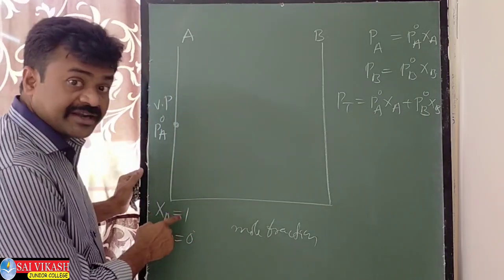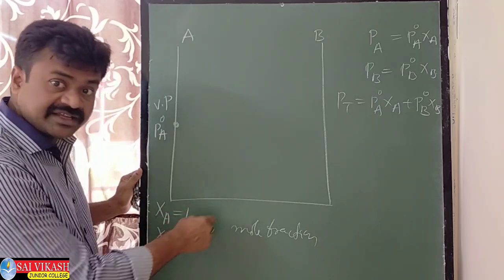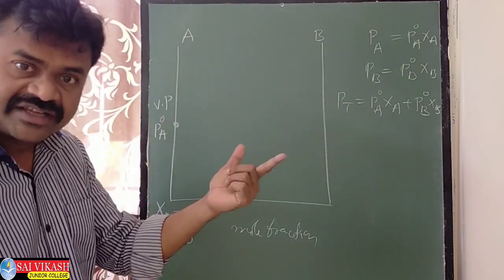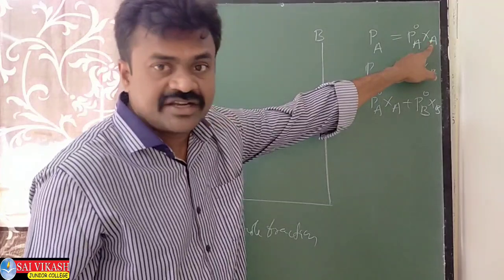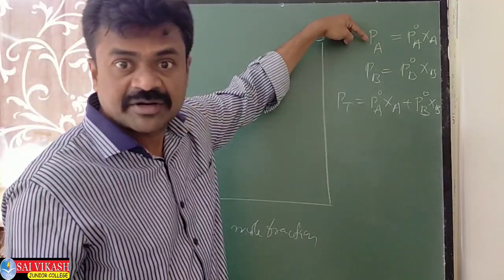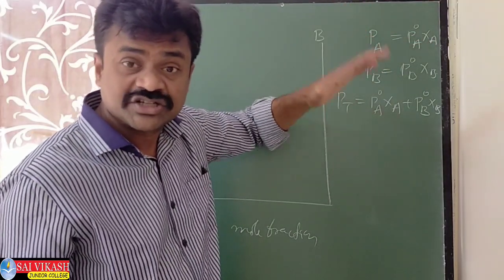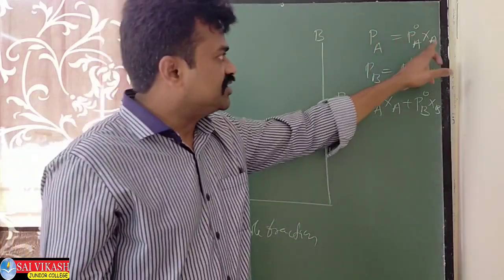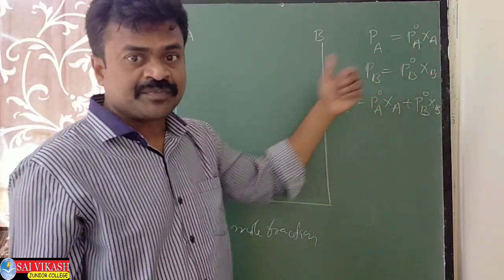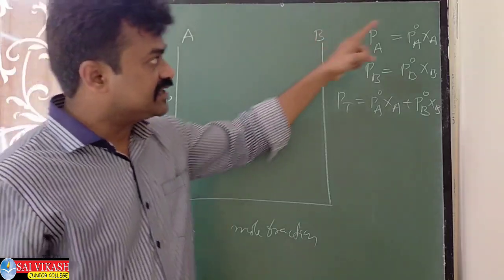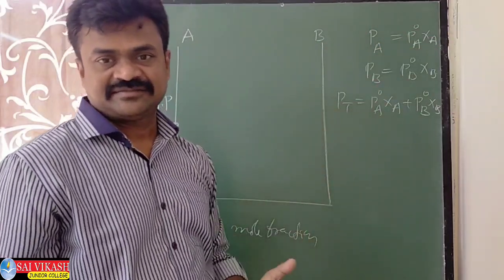See, I am adding B. B increases, A decreases, the mole fraction of A decreases. Mole fraction of A decreases means the partial vapor pressure of A in the solution also decreases, because these two are directly proportional.